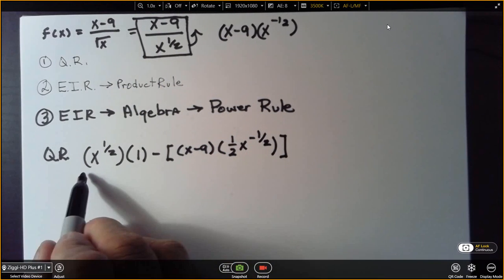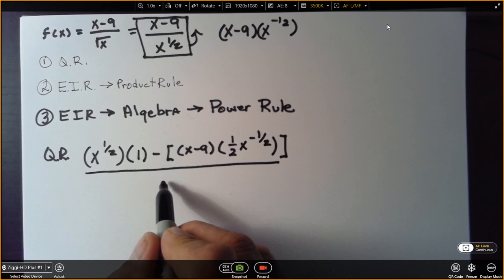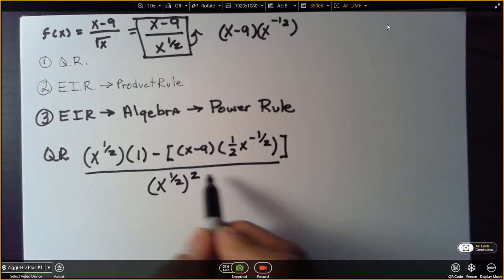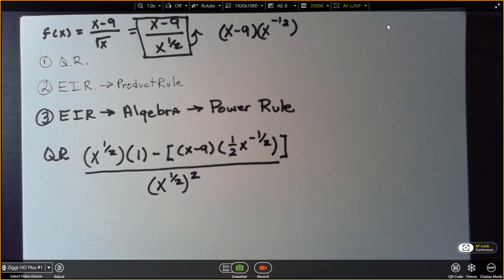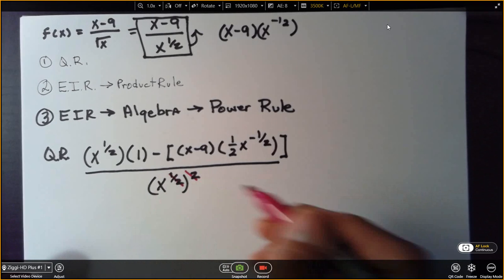All that over x to the 1/2 squared. You know that x to the 1/2 squared, the 2 will cancel the 1/2 out, and you're left with x.